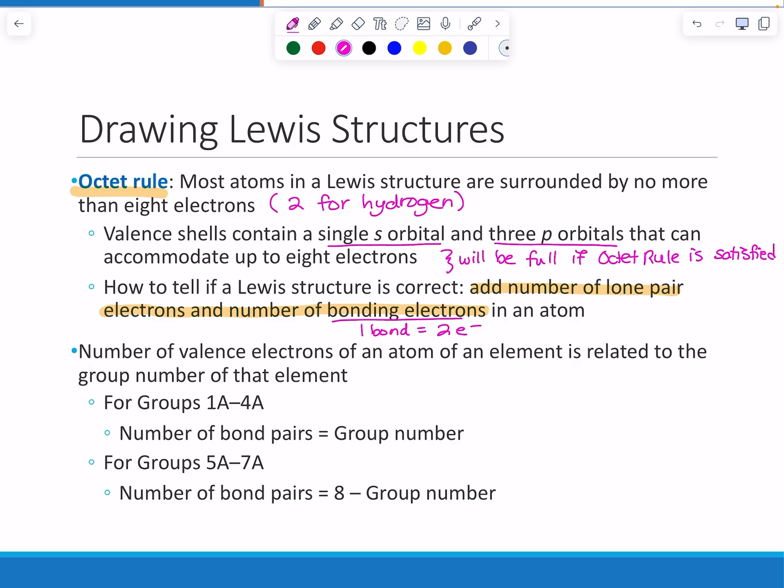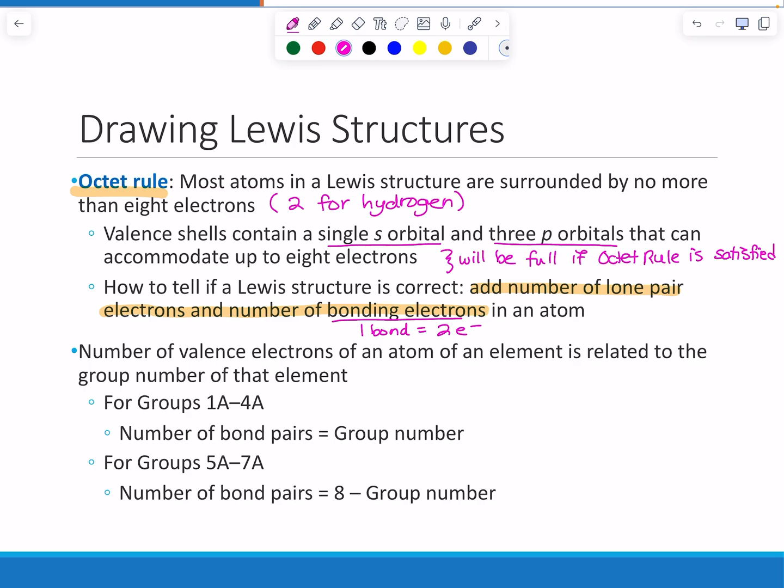All right. So again, your number of valence electrons is related to your group number, right? We said in groups 1 through 4, it's just the group number of the element. And for groups 5 through 7, it's 8 minus the group number.